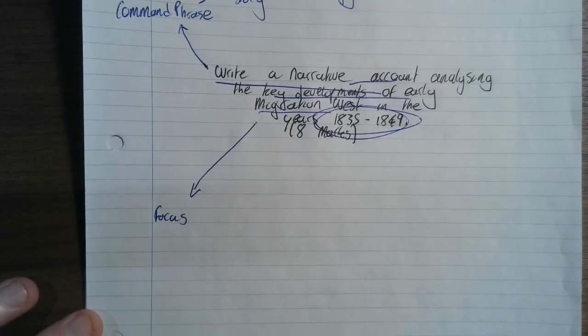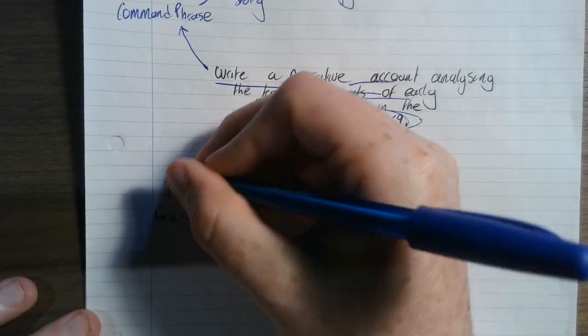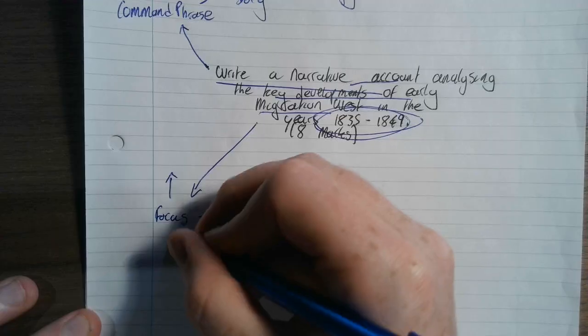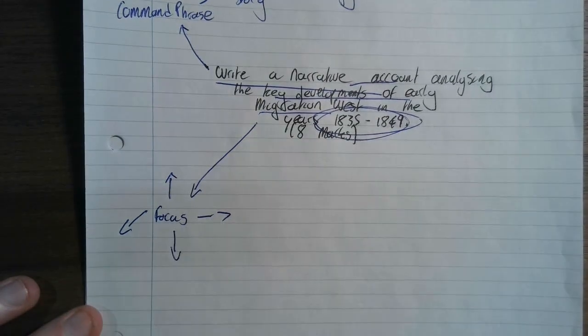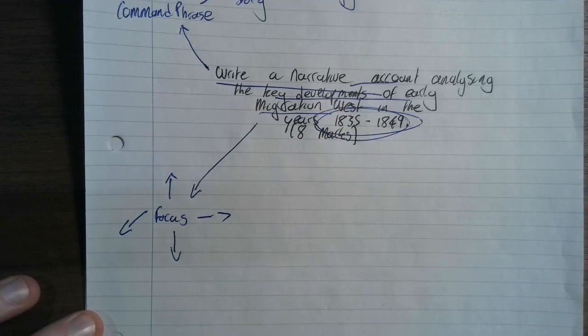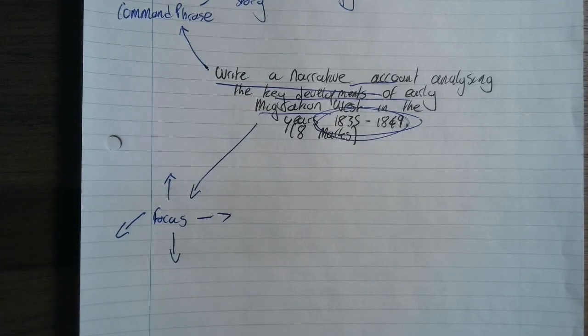There are loads of great examples here. Why don't you pause and think about what early examples you can remember about migration west? Press pause, use a revision guide if you need to, or your history book, and we'll come together and have a go together.